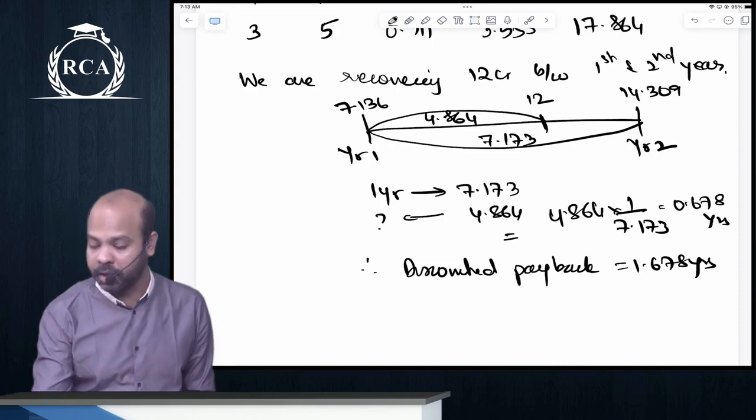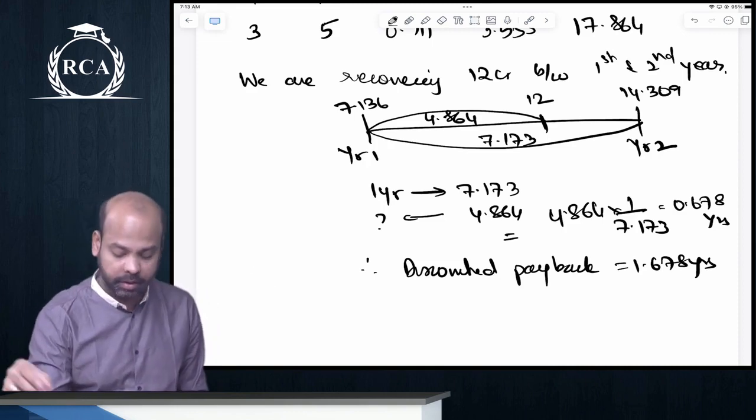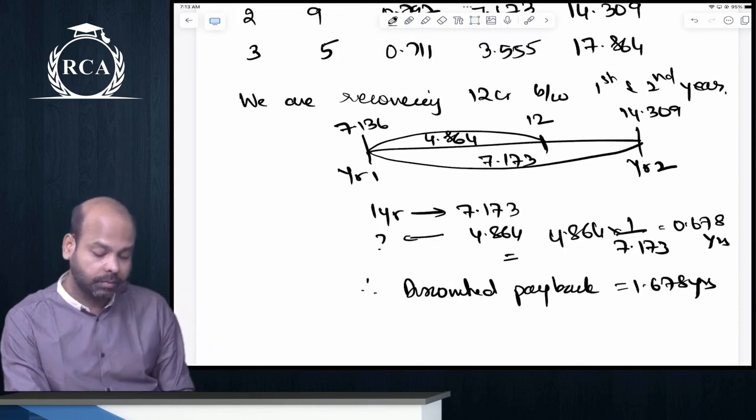Discounted payback period beta is 1.678 years.